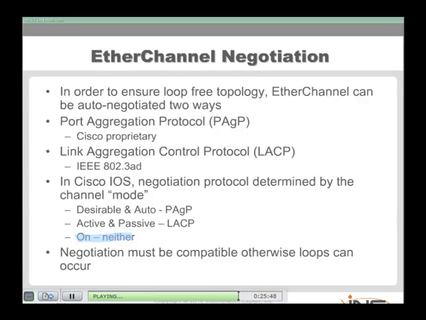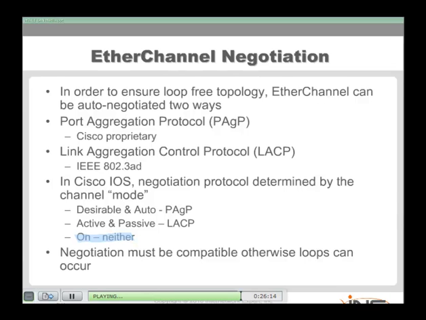This is designing EtherChannels that use what's called the on or static mode. So there are 3 modes we can choose from for creating the EtherChannel. There's the static on mode, and this means that we don't want any dynamic negotiation to take place.